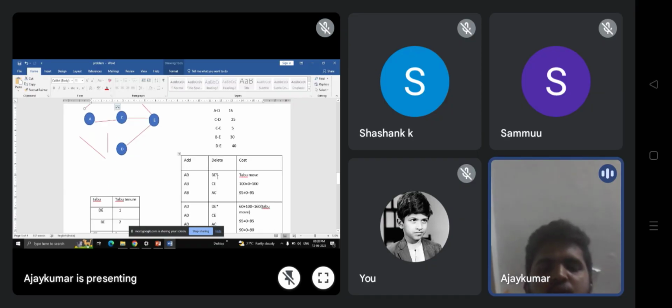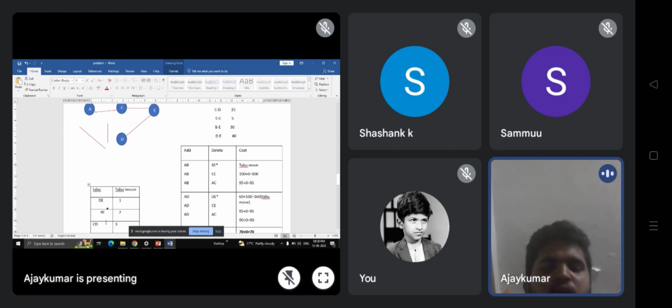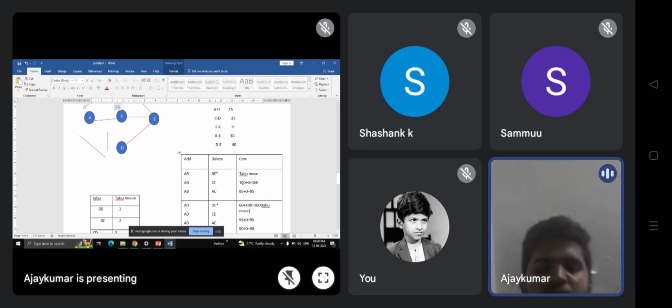Add AB and delete B. B is in the Tabu list, so that is considered Tabu, meaning it is an already executed solution. Then adding AB and deleting C gives a cost of 100 and the penalty is 0.